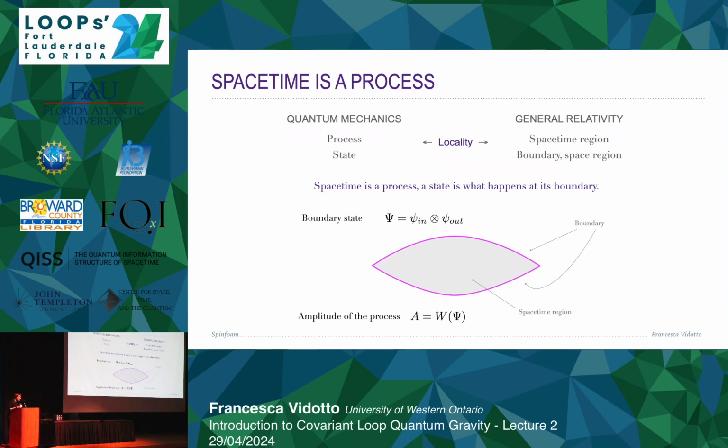So space-time is how these states evolve. This is what we want to do: make sense of what we said at the beginning, a path integral, or the discrete analog of a path integral, in which we sum over possible histories of geometry from an initial to a final state.